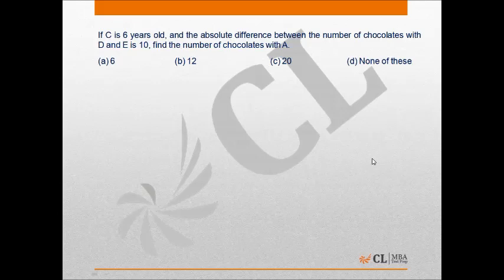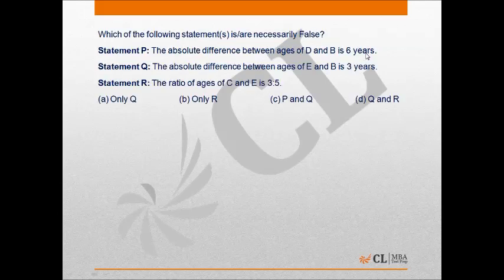So let's come to the answer of the first question. It is asking for the number of chocolates with A only. So it has to be option D, which is none of these, because other options do not have 10. So D is the correct answer in this case.